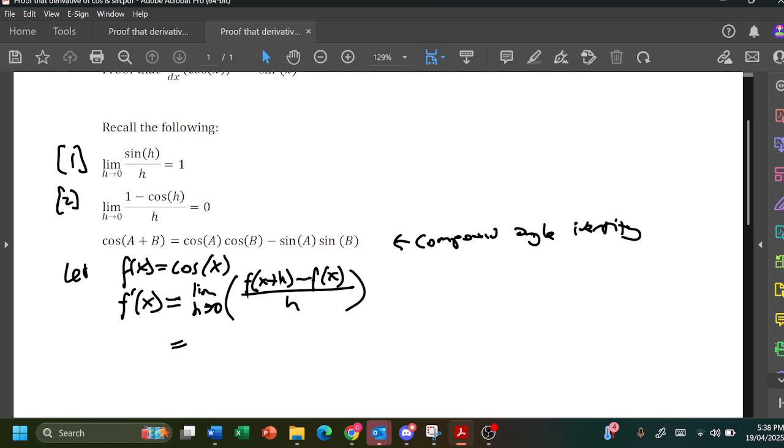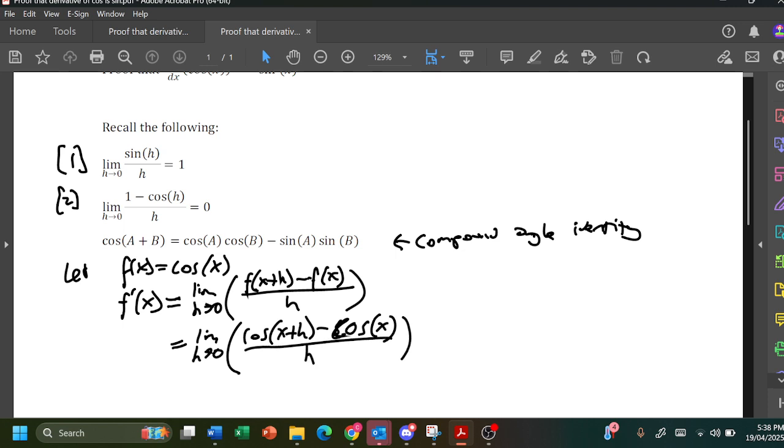So that's just the definition of the derivative. And if we just substitute x plus h into cosine of x, we're going to get the limit as h goes to 0 of cosine of x plus h minus cosine of x divided by h.